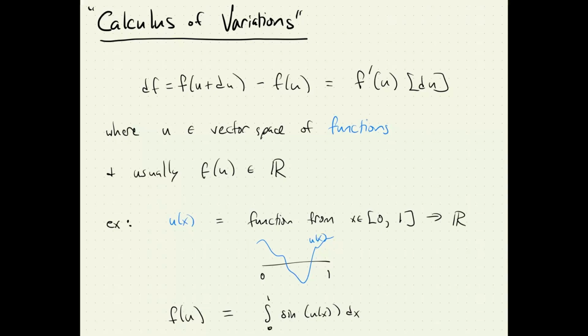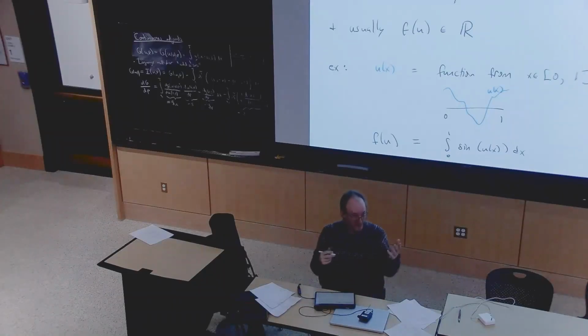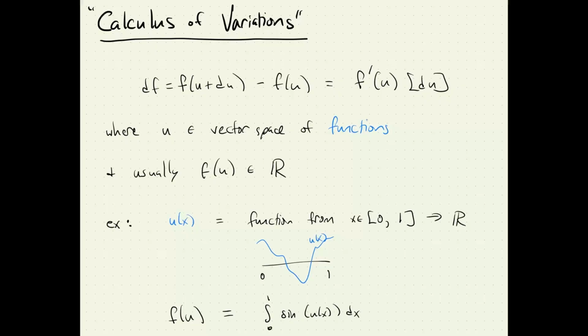Let's just start with that. That takes in a function and gives me a number. Technically, it doesn't work for all functions. You could have functions where this integral doesn't exist or something like that. So implicitly, I'm limiting myself to the space of functions where the integrals work. And what I want to do is find out what is the gradient of f, what is f prime, with respect to u, of course.